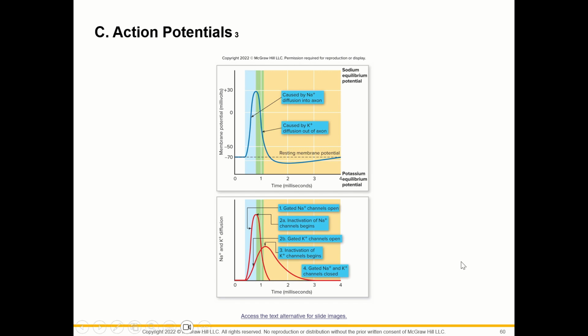And the x-axis is the same in both graphs. It's for time, so that the depolarization, repolarization, and after hyperpolarization in the top graph can be correlated with the events in the sodium and potassium channels and their effects on ion movements in the bottom graph.